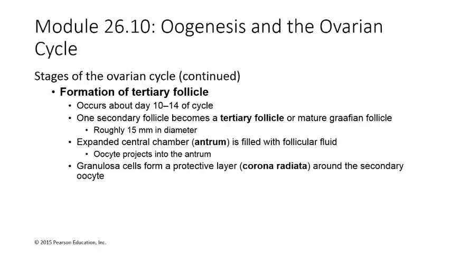Now, usually only one of those follicles that begin the developmental journey each month will become the tertiary follicle. Now, this tertiary follicle has three names. It can be called the tertiary. This is also called the mature. And you'll also see the word Graafian.